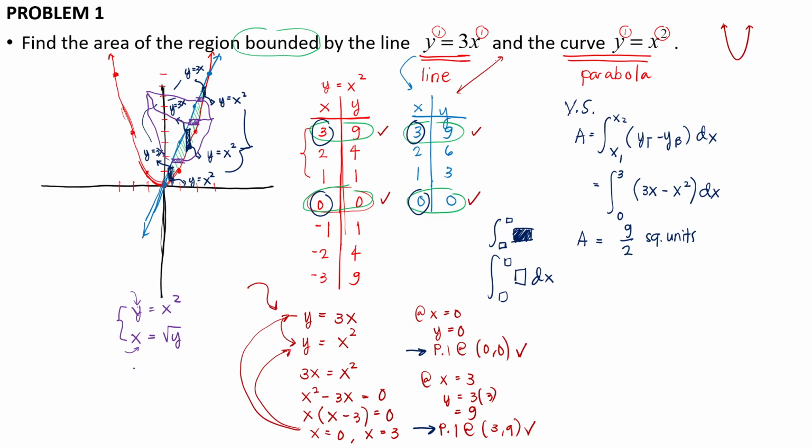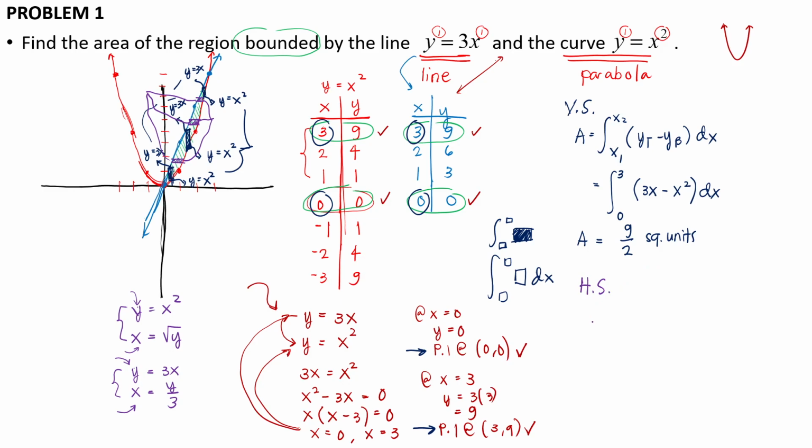For the other equation, the equation of the line, y is equal to 3x, and isolating your x parameter, that will be x equals y all over 3. Again, these two equations are the same, but one is in terms of x, y equals x something, and the other is in terms of y, x equals y something. So that's the difference in expressing it in terms of x or in terms of y function.